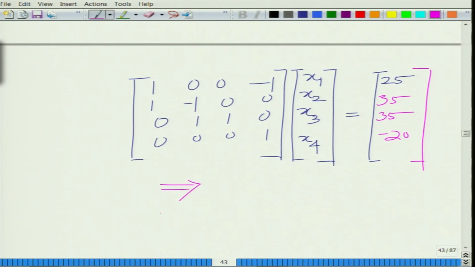What does this imply? This implies, of course, now you have another system which is of the form Ax bar equal to b bar. So, you have Ax bar equal to b bar.